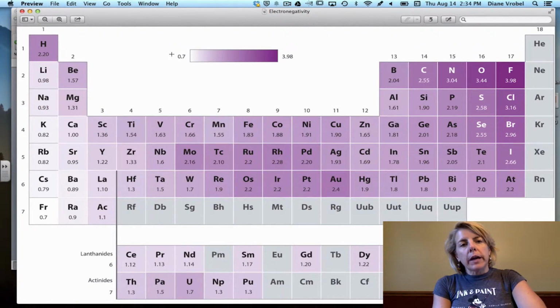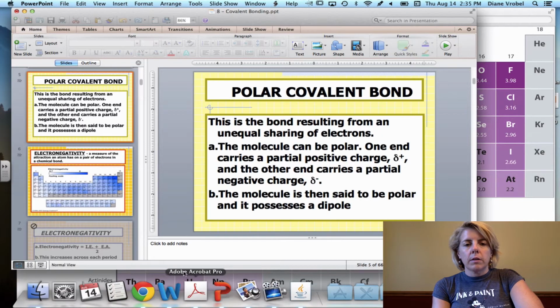Now, when you look at the periodic table, notice that hydrogen is darker in color. And obviously this section in here where a lot of the non-metals reside is very dark in color. You do have a slight group of electronegative atoms in the transition metals, but we're actually more concerned with this section and hydrogen.